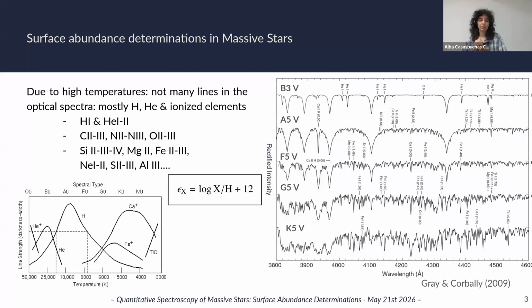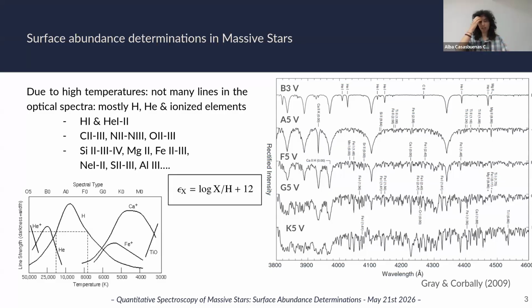The main lines in their spectra are hydrogen, helium, and some ionized elements like carbon, nitrogen, and oxygen, and some other metals, especially in the B-type stars, like silicon, magnesium, iron, neon, sulfur, and aluminum.